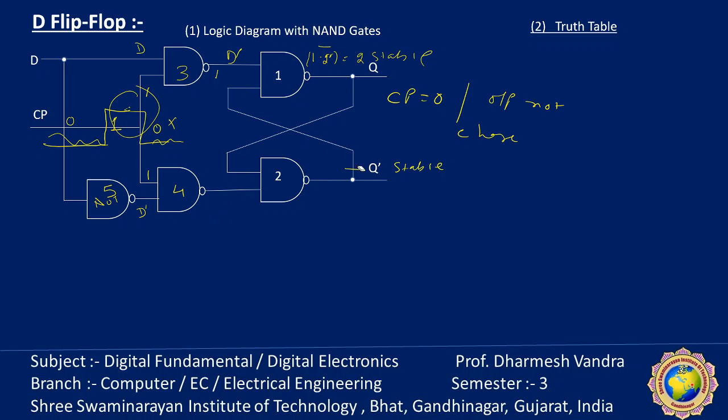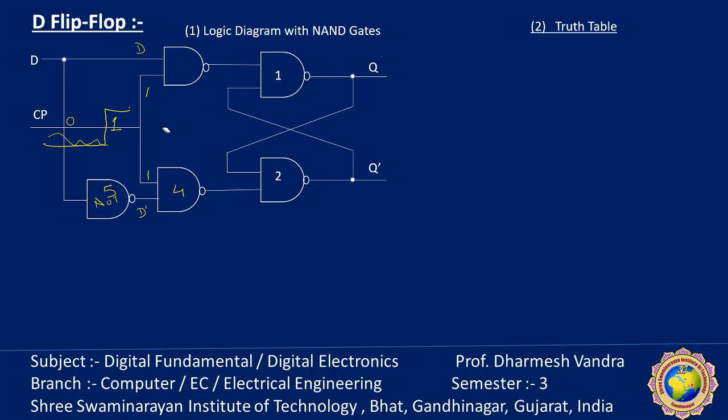We discuss each situation one by one. What happens if the D input is changed while the clock pulse is generated, or the clock pulse is equal to 1?